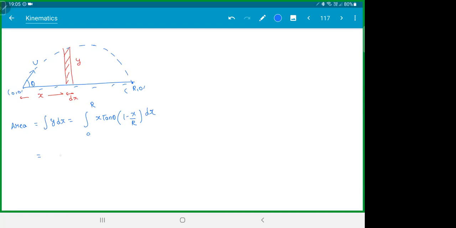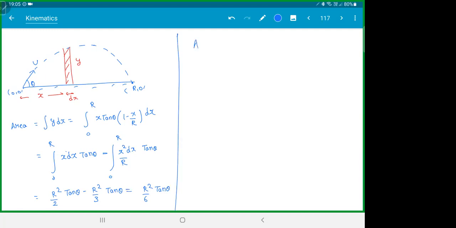So this integral, when you do this, you get x dx tan theta minus x square dx by R, integral from 0 to R. This would be R square by 2 tan theta, and this would be R square by 3 tan theta, and this thing turns out to be R square by 6 tan theta, where R is the range.